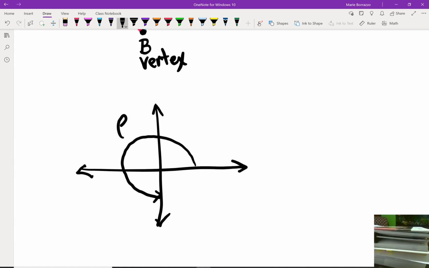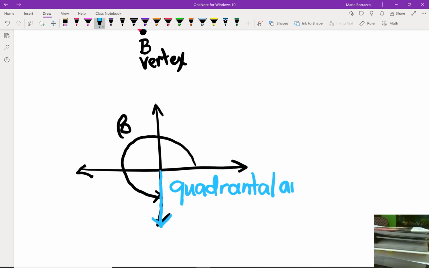So if you ever see an angle referred to as beta ending at one of the quadrant sites, such as this one, this is what we call quadrantal. So let me spell that out for you. Quadrantal angle.